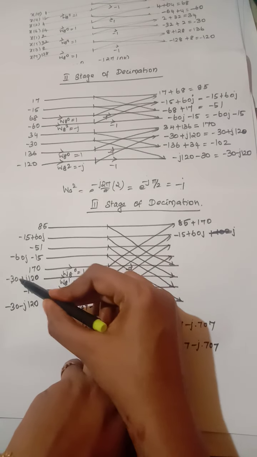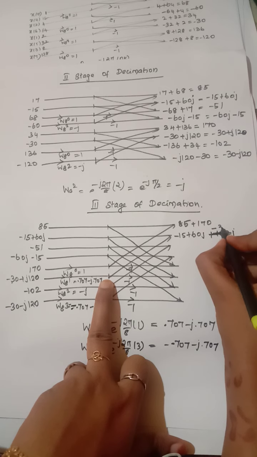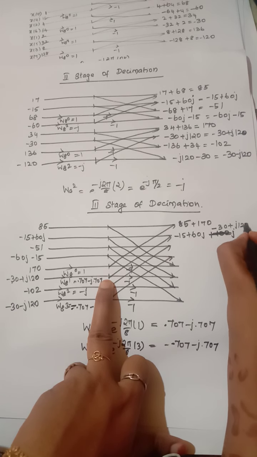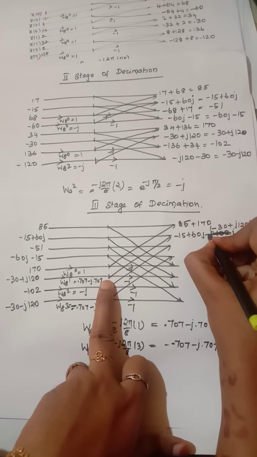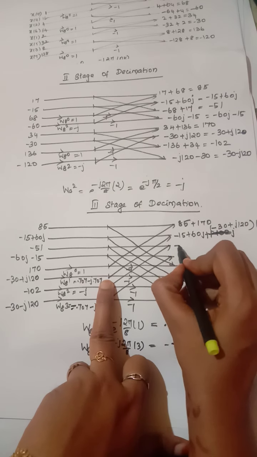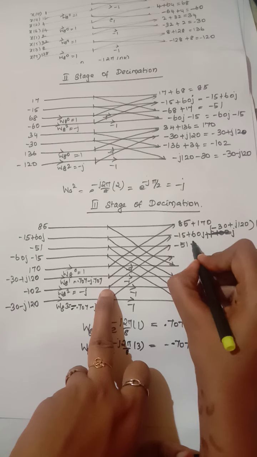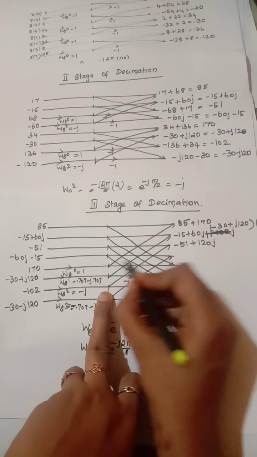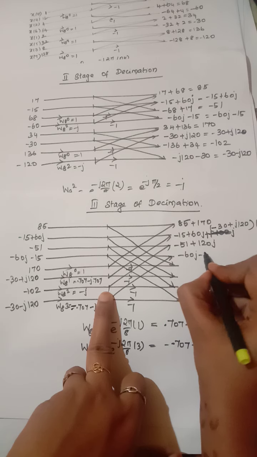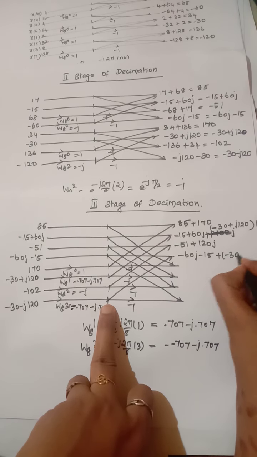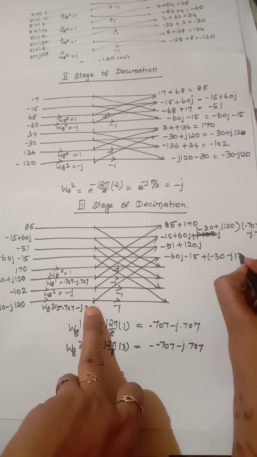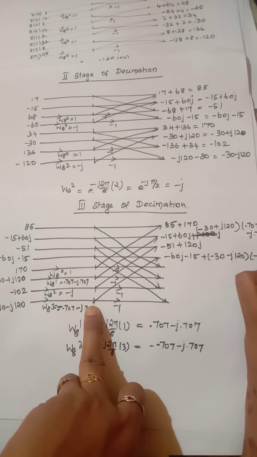So the second line what it is coming from is minus 30 plus j 120 into 0.707 minus j 0.707. Okay, so plus this value. Similarly here minus 51, here plus 120j. So in this line it is minus 60j minus 15. This line come from this line, so it is minus 30 minus j 120 into minus 0.707 minus j 0.707.